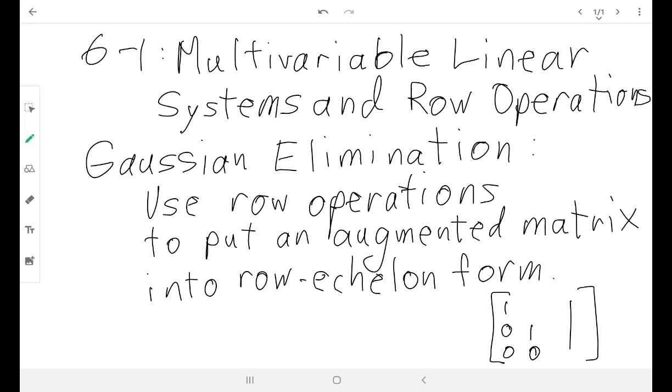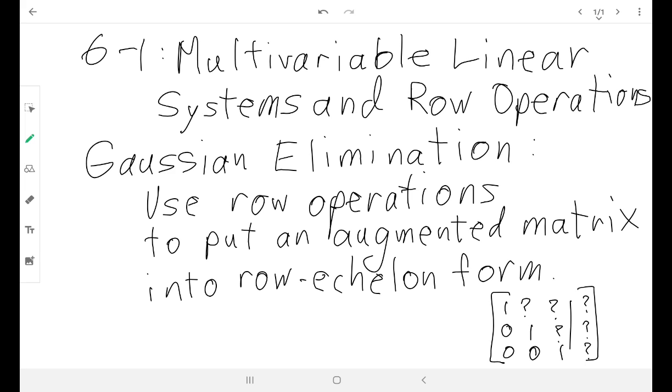The diagonals, and it could be more than a three variable system, but we're mostly going to work in three variable systems here. Row echelon form is going to have a bunch of numbers where I'm putting the question marks, and then ones along the diagonal, and beneath the ones, zeros. And that's what we call row echelon form.